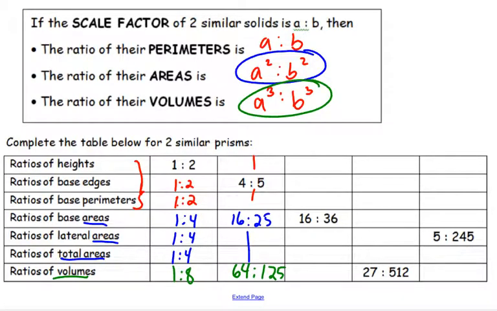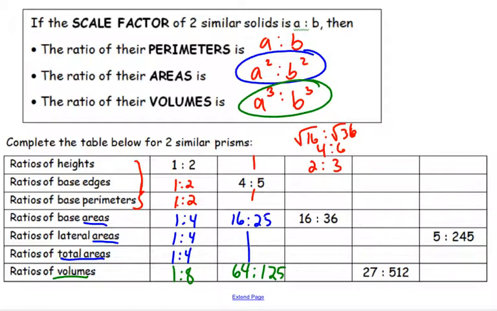Next one. We're starting with the areas, so starting with the areas and going backwards, we're going to need to take the square root of 16 to the square root of 36, giving me 4 to 6, but that can be reduced. 2 to 3 is my reduced ratio.